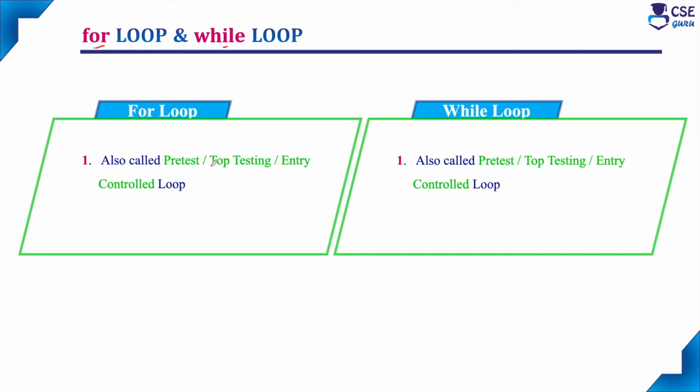So, both the loops are otherwise called pre-test loop since the condition is evaluated first itself. Top testing loop, condition tested at the top of the loop, and entry control loop. Only when the condition is evaluated to true, then only the body of the loop will execute. If the condition fails, the body of the loop will not execute at all.